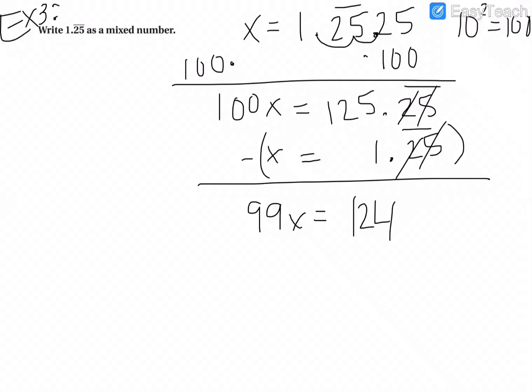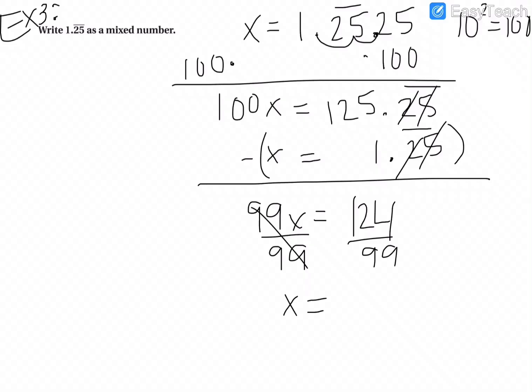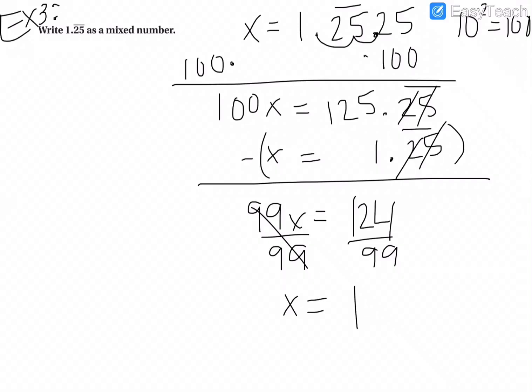124. So I divide by 99. And I'm not going to leave this improper. So I can either reduce first and then change it to mixed, or do mixed and then reduce. Let's see if we even need to reduce it if we do mixed first. So 99 goes into 124 once.